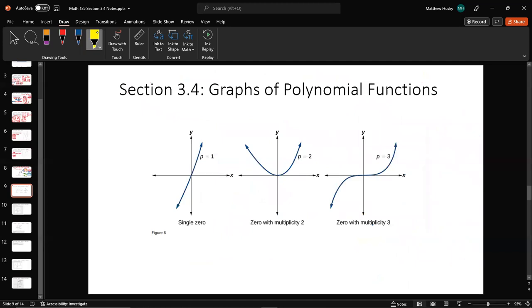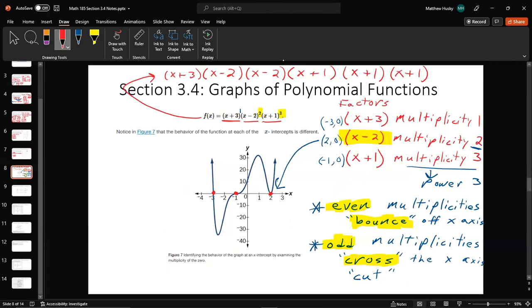Here, this is just kind of more of that same theme. So if the power is 1, it's very line-like. If we go back to the one at -3, where it's a multiplicity of 1, this is very line-like because it's a lot like y equals x plus 3, an equation of a line.